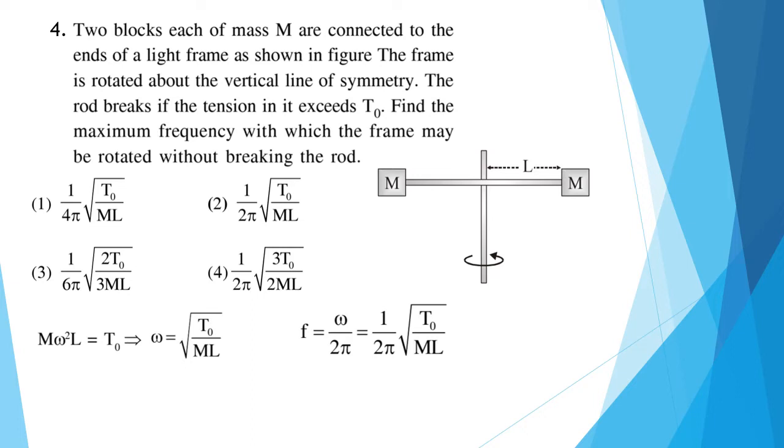So omega will be equal to root of T0 by mL. And we know that f will be equal to omega by 2 pi. So the maximum frequency will be equal to 1 by 2 pi into root of T0 by mL. So the correct answer will be option number 2.